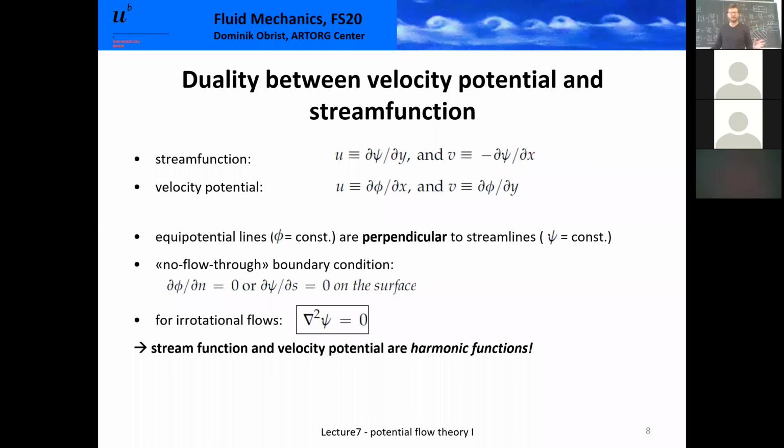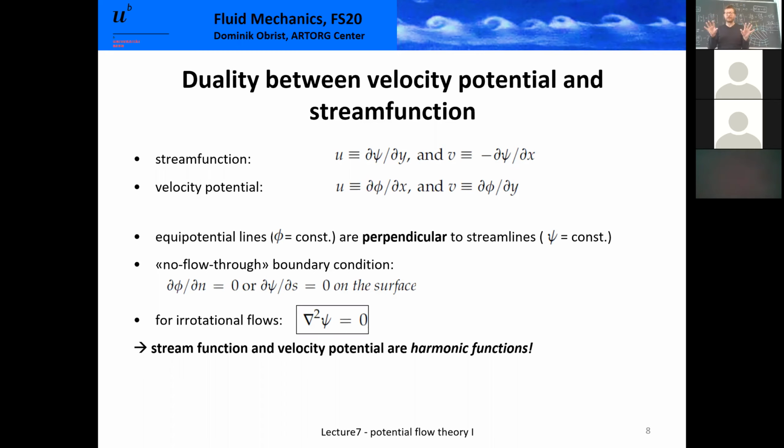Let me just go back to the slide and summarize. We have a Laplace function also for the stream function. We have slightly different or perpendicular boundary conditions. At the same time, there's a lot of duality between these two equations.